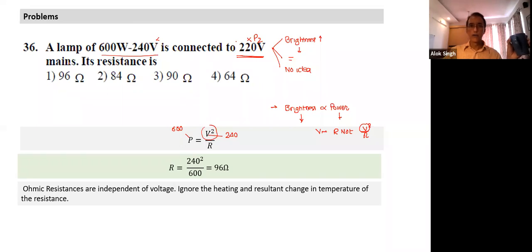In both cases we are assuming the resistance to be the same, because we are ignoring the effect of heating and resultant change in temperature of the resistance. It may have some effect, but whenever such questions are there, we ignore that effect.